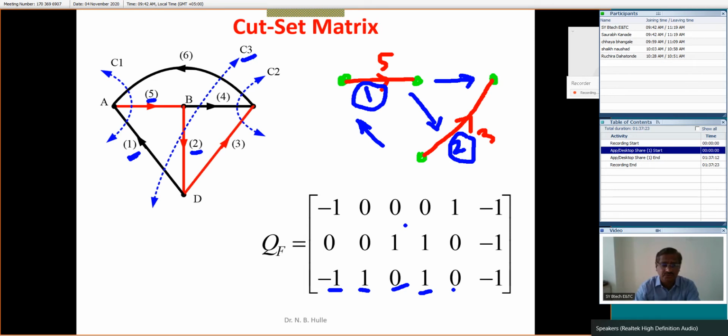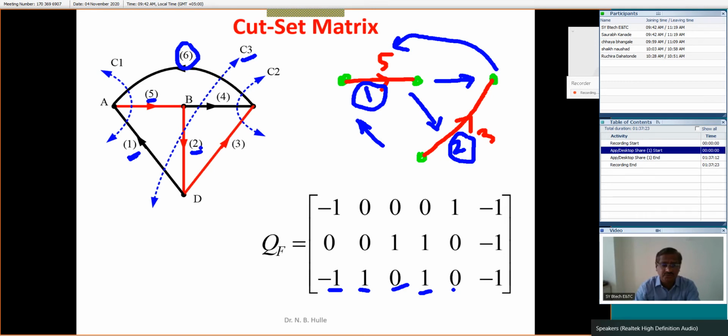And finally, coming back to the branch number 6, now look at this branch number 6. How is the direction of this branch number 6? It is from this point to this point, that is point C to point A. It is in this direction, that is from part number 2 towards part number 1, which is opposite to that of this tree branch.